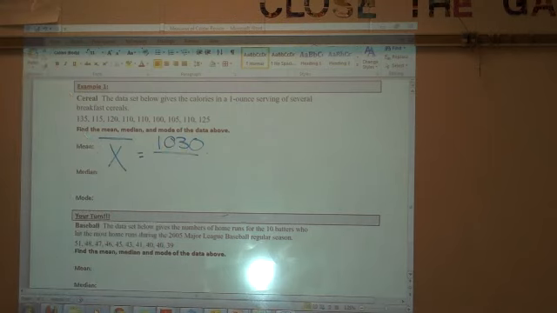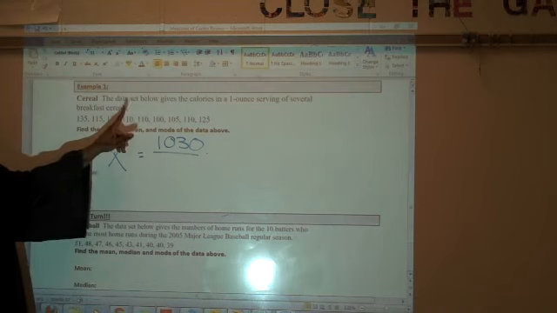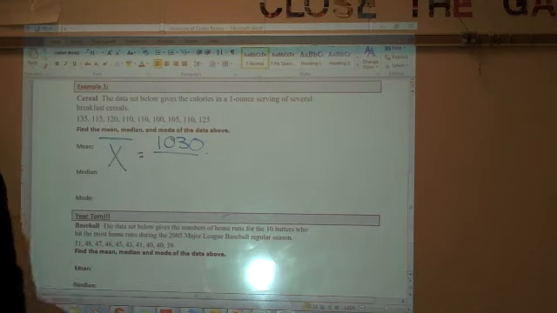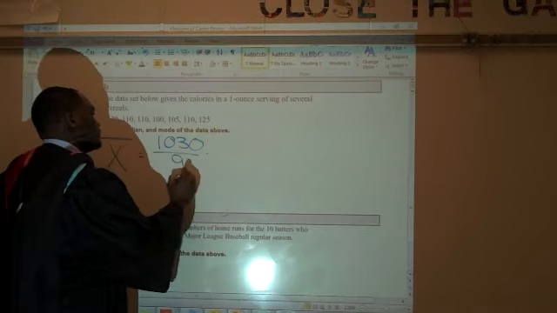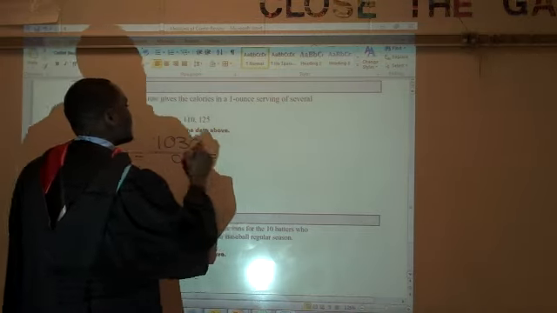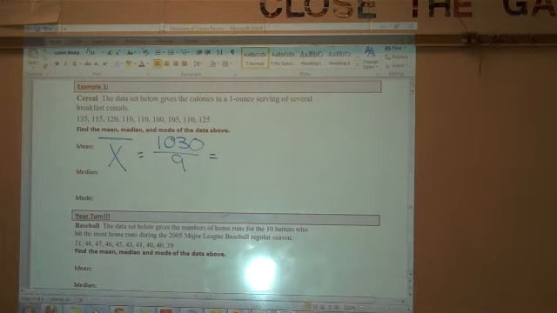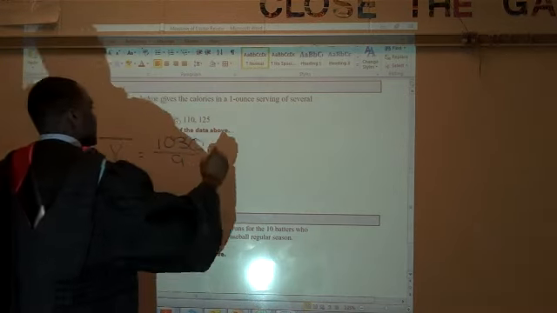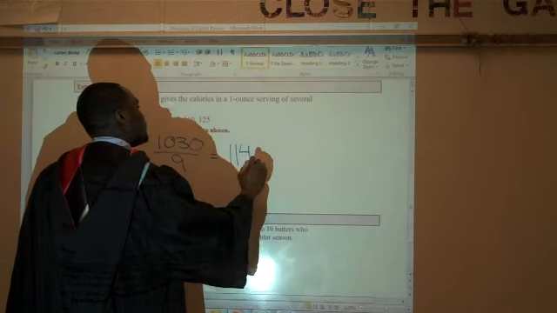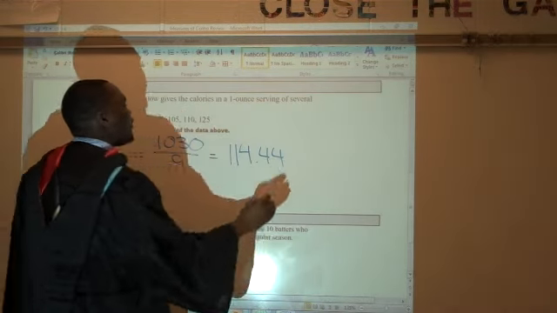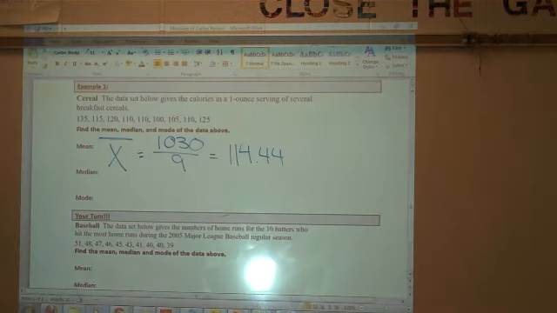So we have to count up all these observations: 1, 2, 3, 4, 5, 6, 7, 8, 9. I'm going to take that 1030 and divide it by 9. And my mean is going to be 114.44 calories. That's my mean, my average.